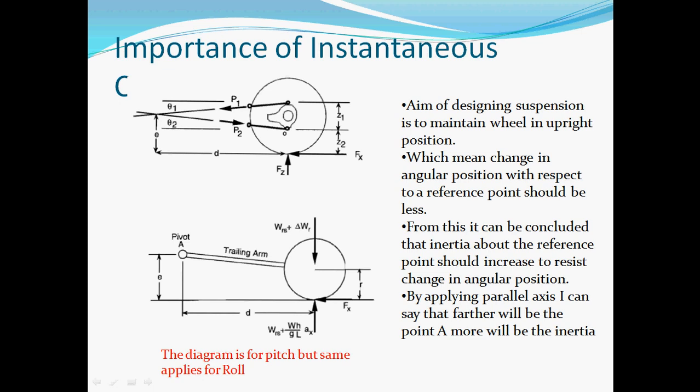So from the previous example we can conclude that if we increase the distance between the IC and the point of application of force, then we can achieve this minimization of change in angular position. Okay, so this is a very important thing.